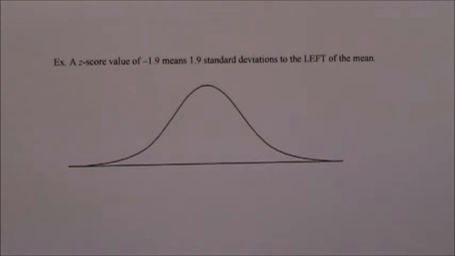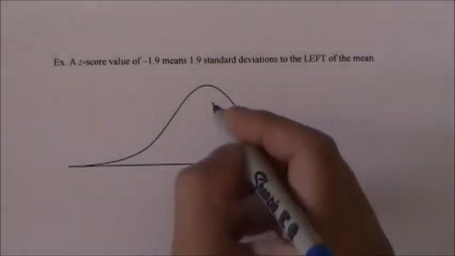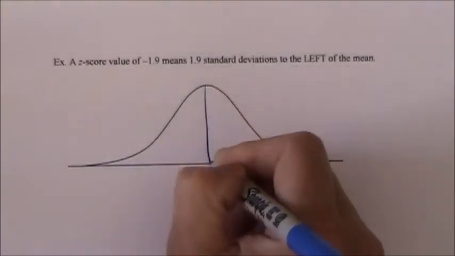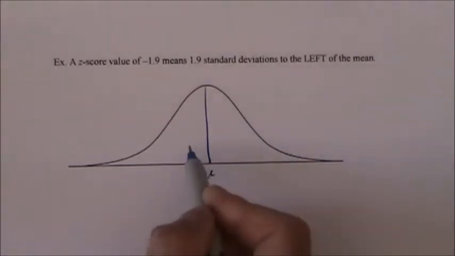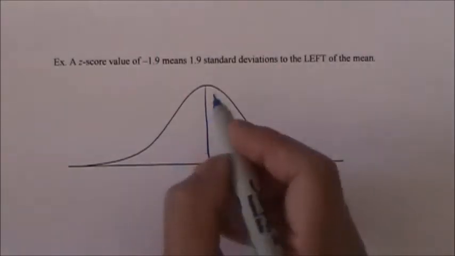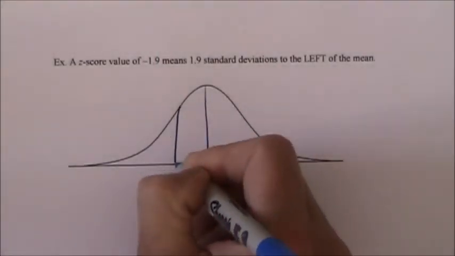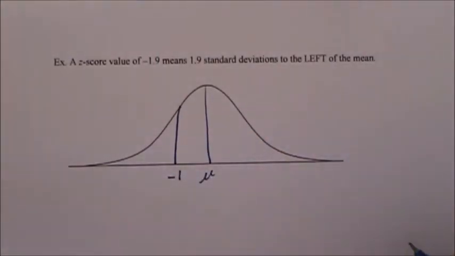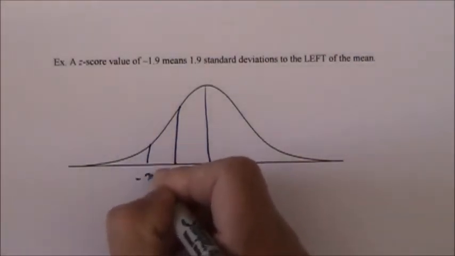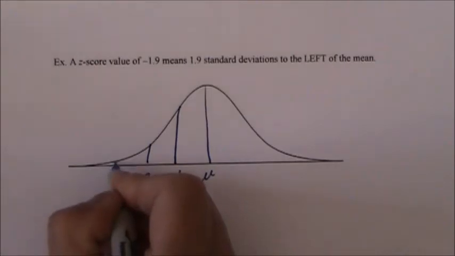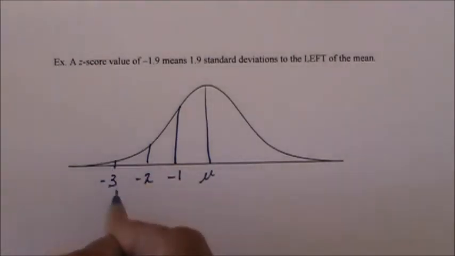So that would be all of this. A z-score value of negative 1.9 means we're looking at 1.9 standard deviations to the left of the mean. So remember that our mean is right in the middle. As we go to the right, we're adding, so it's positive. As we go to the left, we're subtracting, so it is negative. If we look at our left, there would be approximately 1 standard deviation away from the mean, so negative 1. There's our negative 2, so 2 standard deviations away, and our negative 3.